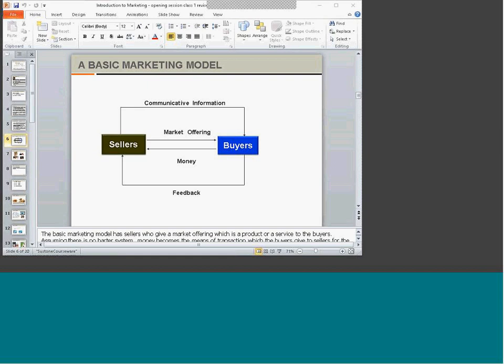The important word here is comparatively satisfied. To recollect this and see it around you, you are always comparatively satisfied. For example, consider your mobile phone operator.